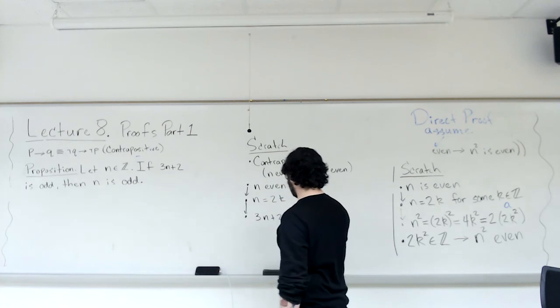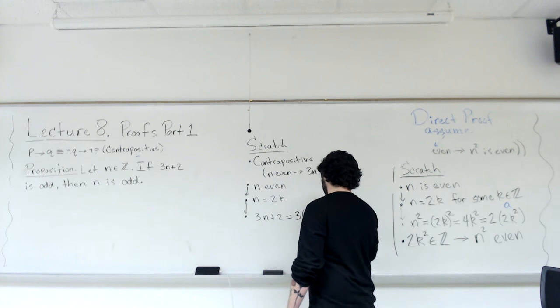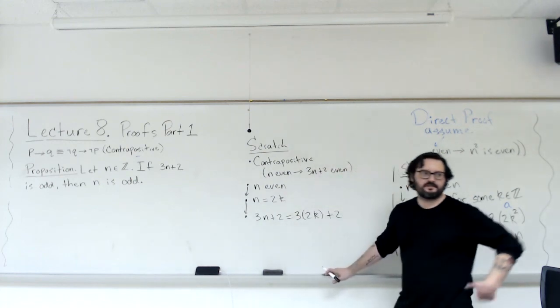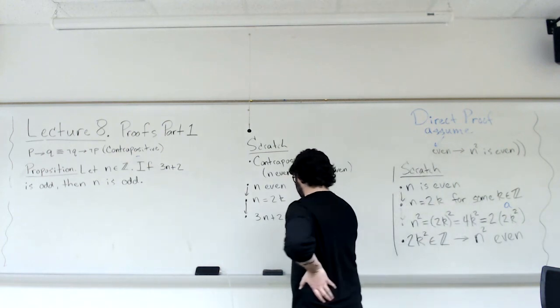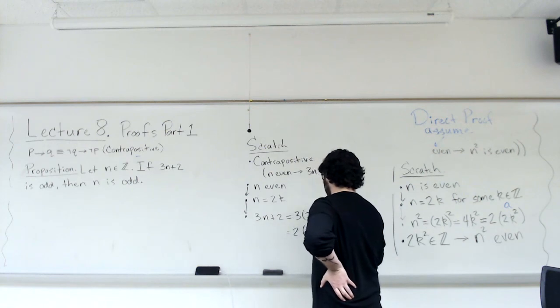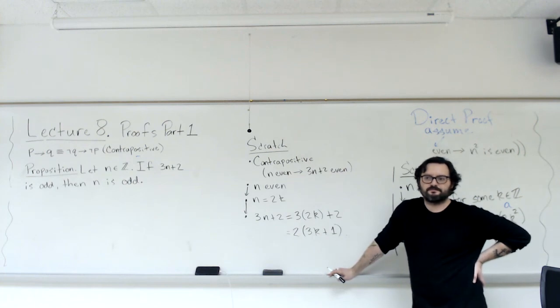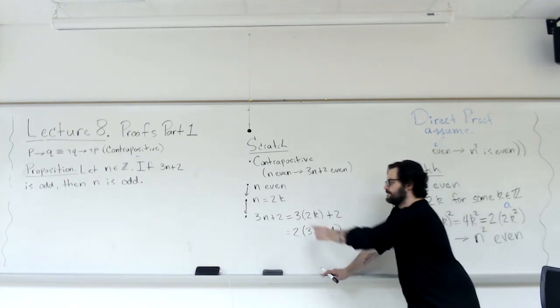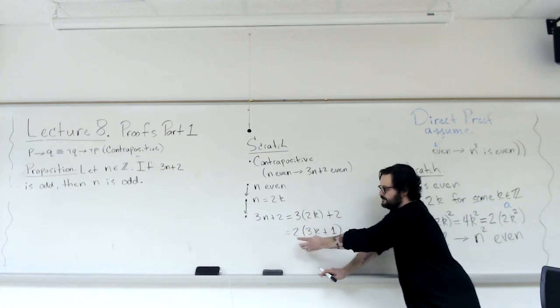I know the form of n, so this is 3 times 2k plus 2. That doesn't look even, but we can make it look even by factoring out that 2. Two times an integer. See that? 3 times 2, there's a factor 2 there, factor 2 there, I take it out, so I'm left with 2 times that.